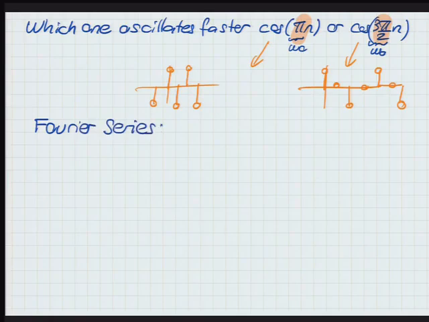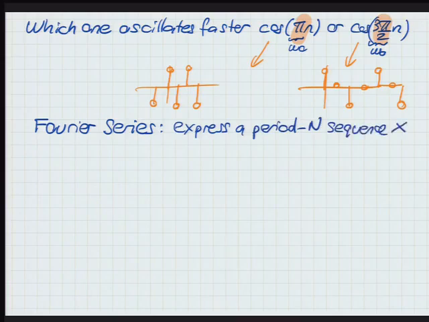So, the idea again is the same. Express a periodic sequence x, now because we're in discrete time, as a linear combination of what we might call basis sequences. In continuous time, these were e to the j k times the fundamental frequency times t.